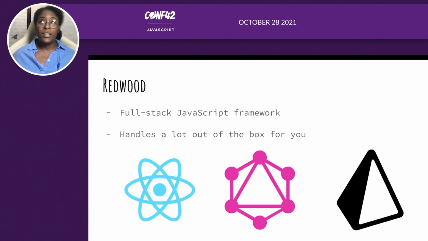But Redwood just handles a bunch of stuff for you out of the box, but it doesn't keep it hidden from you. So you can go in and edit any of the files. If you go through their docs, you can see how they structure things and why they do file conventions the way that they do. But Redwood has all of this for you, and there are a lot of commands that you can use to generate code that really makes development oddly fast.